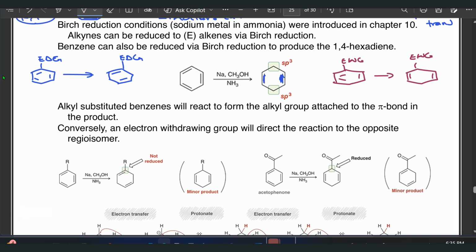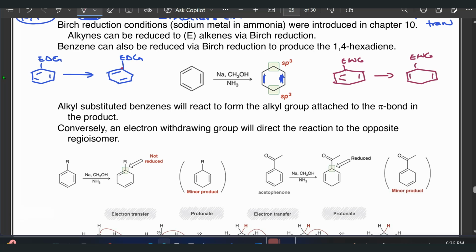So you get an isolated alkene. So I guess with the electron donating groups, the pi bonds are basically closer to each other in comparison to the electron withdrawing groups.